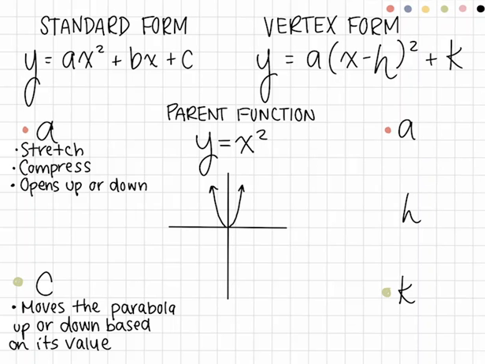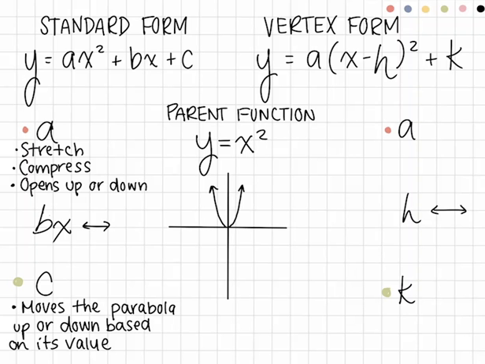Now, I'm sure your assumption is that h and b are related. There is not a direct relation between h and bx. It would not be an exact correlation, because h impacts the way that the graph moves horizontally. bx also impacts the way the graph moves horizontally, but it wouldn't be by the same factor.